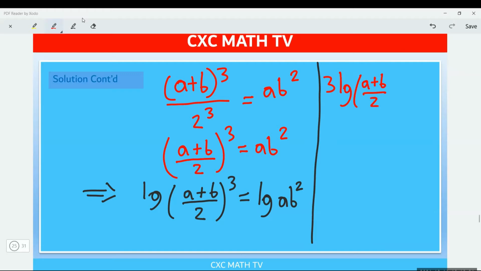And that's equal to, we can separate the log of ab squared as log a plus log b squared. And so finally, we can bring down the power of 2 and write finally 3 log (a plus b over 2) is equal to log a plus 2 log b.